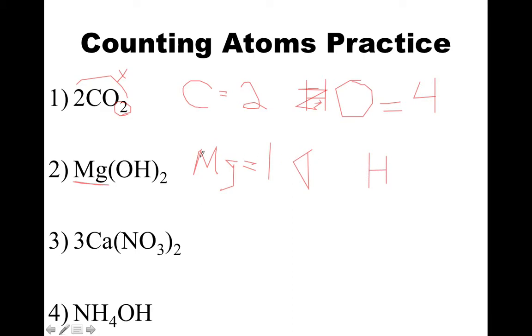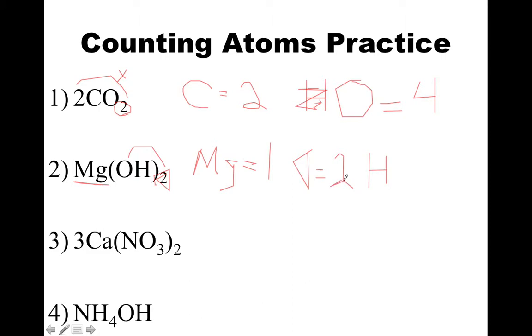So when I'm adding these right here, that O means there's only 1. But this subscript goes to everything that's inside that parentheses. So since there's 1 oxygen, and we're going to actually multiply it times the 2. So 1 times 2 gives me 2 oxygens. Okay, there's 2 oxygens.